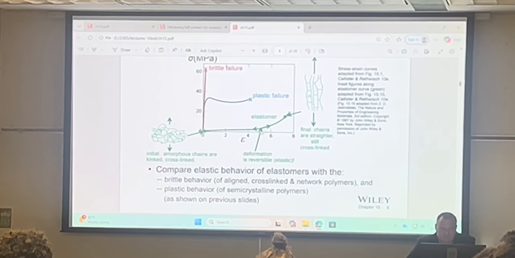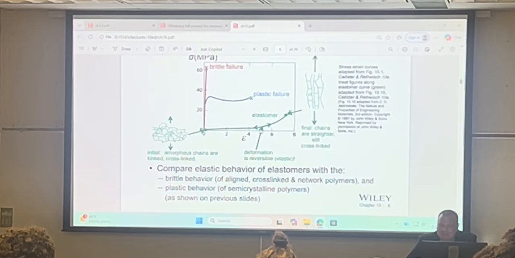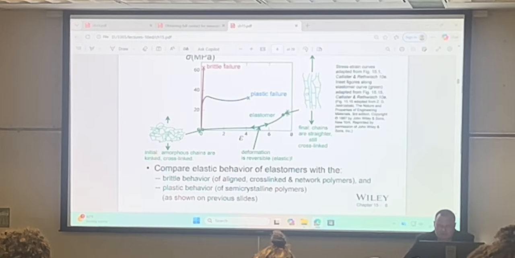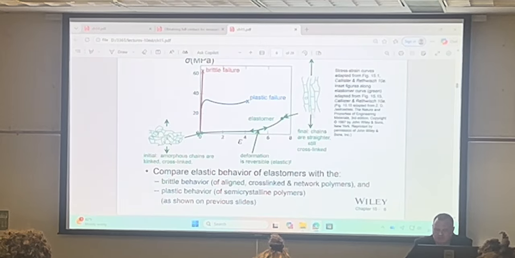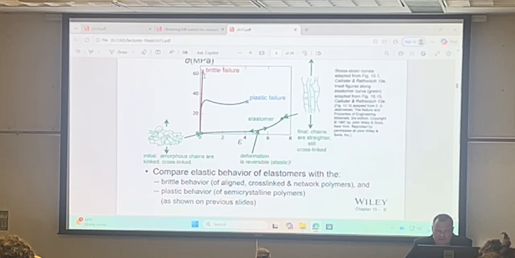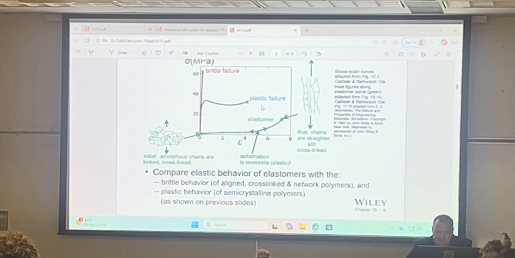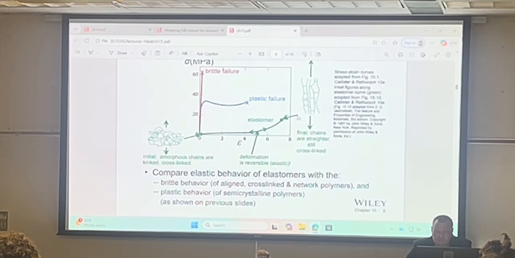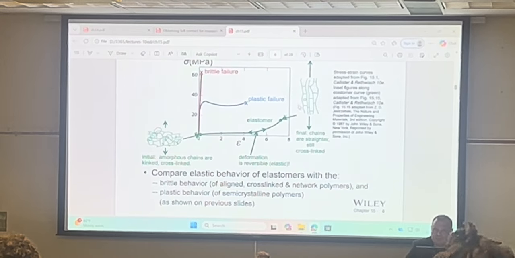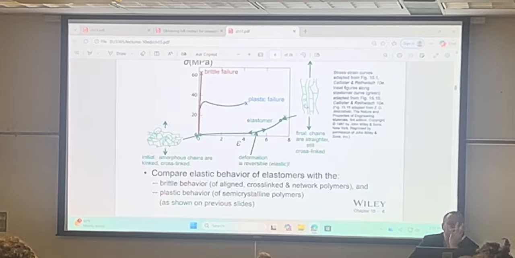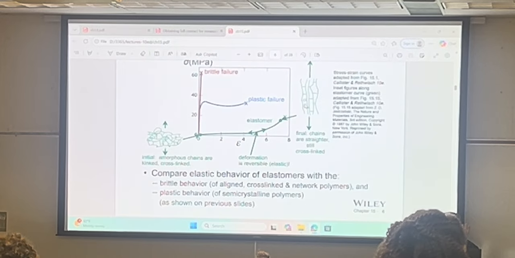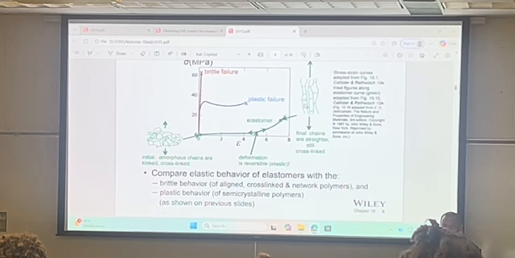Over here, this is still elastic reversible deformation, and finally it is still cross-linked, but the chains are straighter. So this is opposite to the brittle behavior and the plastic behavior that we discovered. And there's an entropy term to this, which is why the rubbers change their temperature when they're stretched or when the load is released.